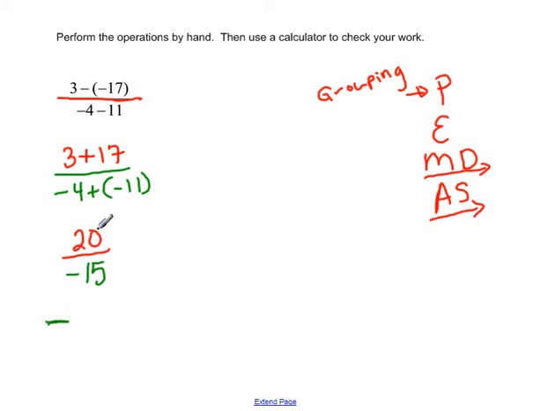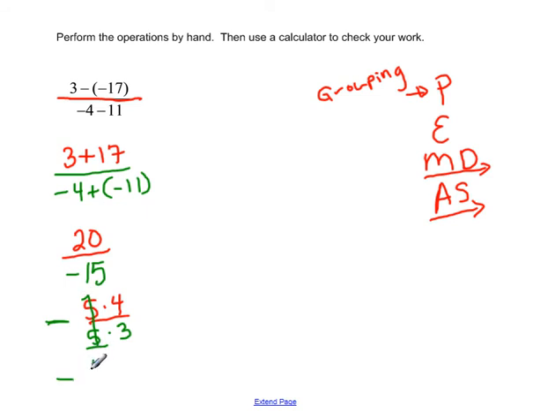Now when we have 20 over 15, notice that there's a common factor of 5. So I'm going to write out that common factor of 5. The numerator would be 5 times 4, and the denominator would be 5 times 3. Then we can see that 5 over 5, that's going to be that 1 that's going to cancel out.